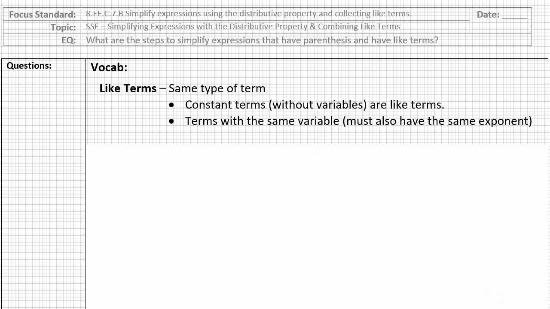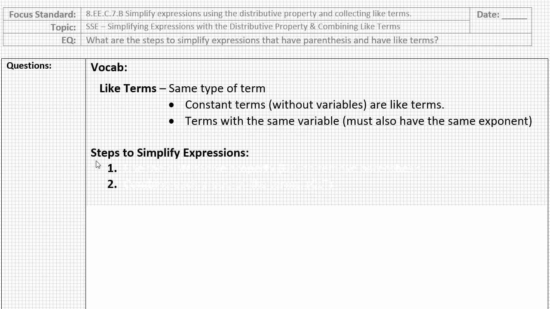So let's jump into the steps. There are two steps that you need to know when simplifying expressions, and the first is that you always use the distributive property first. I'll abbreviate that with the letters DP to remove any parentheses. So you examine the expression. If there are any parentheses, then we use the distributive property to simplify that and get rid of those.